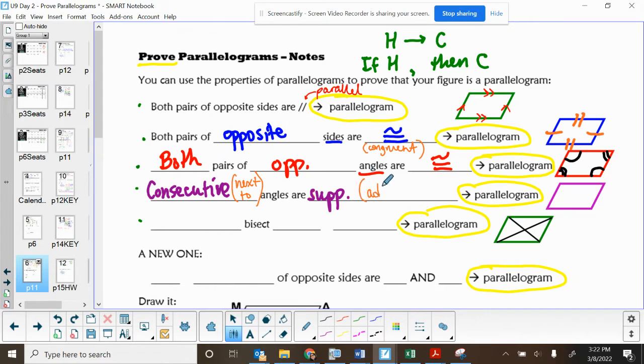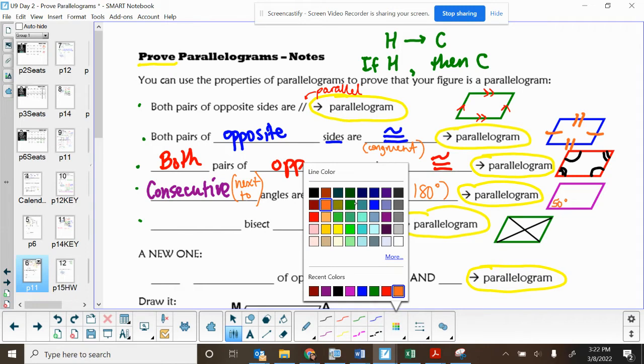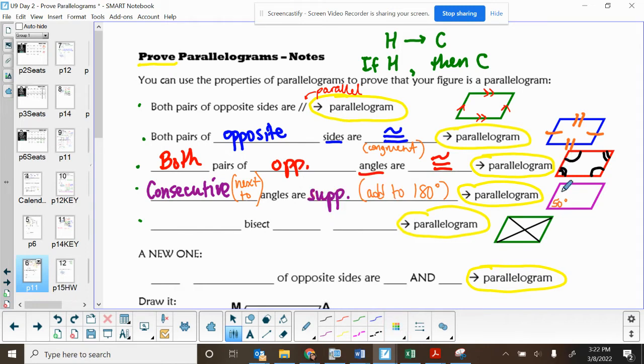And remember, supplementary means add to 180 degrees. So we can put some angle measures in here. Like, for example, if this angle is 50 degrees, then I can say, okay, well, then the angles next to it, so this angle and this angle, are both 130 degrees because they have to add up to 180. Sorry, that was a little bit small.